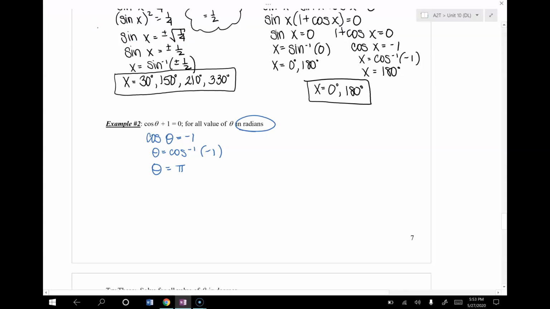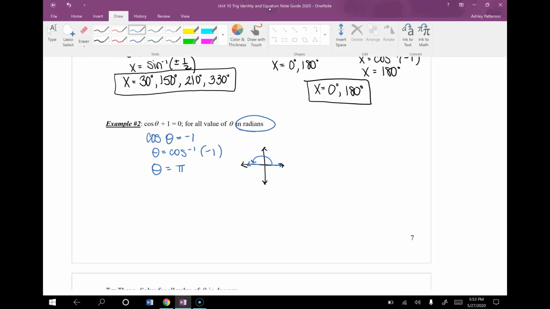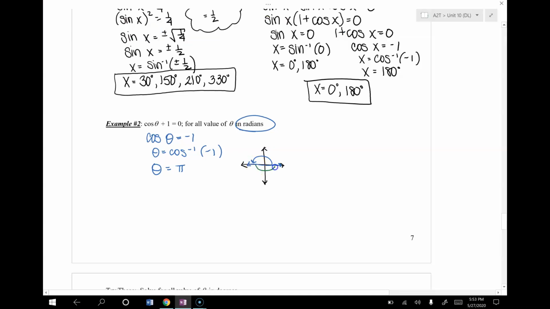But it's not one answer. Okay, so think about it like this. We are in standard form, right? And it occurs at pi. Okay, well then it occurs at another 360 and another 360 and another 360.